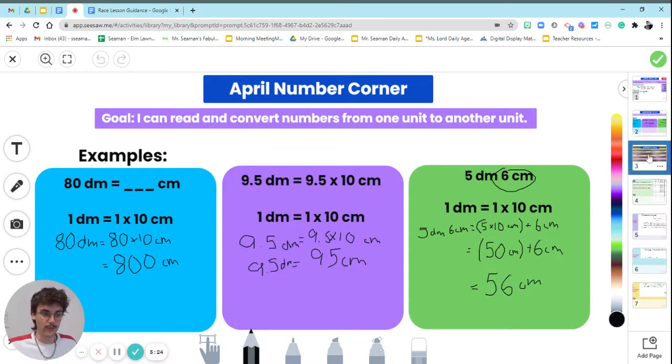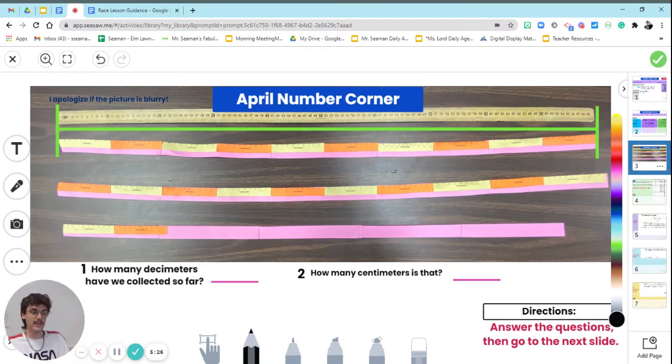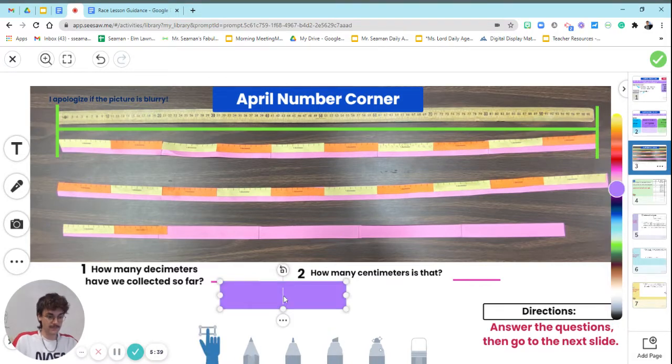Okay, now that we have had a review, we're going to go into your homework for today. Here is the first page. We have seen this before. This is our third picture here. As you can see, we have had to add another strip because today's date is April 22nd of 2021.